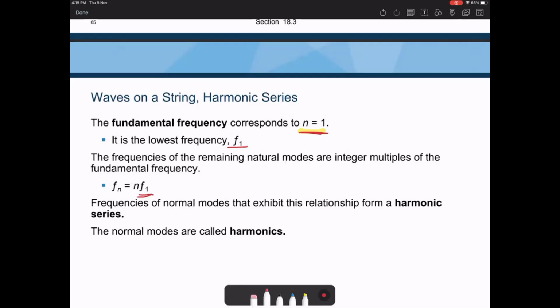The frequencies of the normal modes form what we call the harmonic series. So F1 is the first harmonic, F2 is the second harmonic, F3 is the third harmonic. Correspondingly, F2 is equal to 2 times F1, and F3 is equal to 3 times F1.